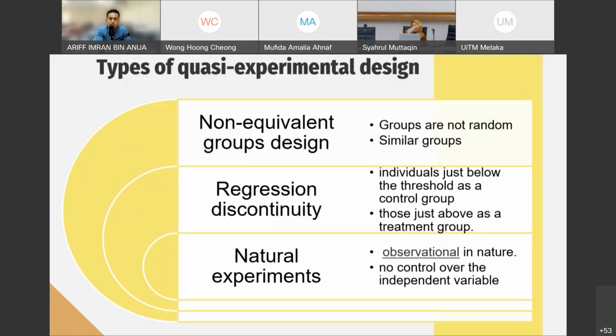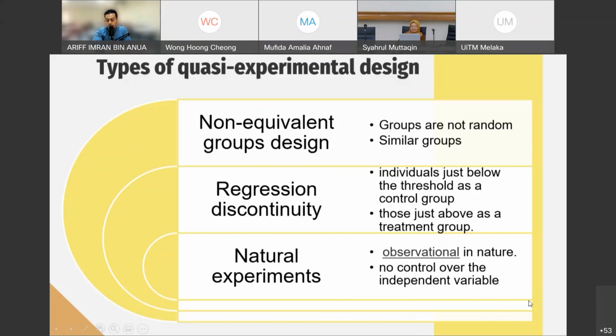At the borderline between the higher group and the lower group, the line there we call a threshold. So for regression discontinuity, the researcher will research the persons who are sitting just above the threshold and below the threshold. And then natural experiments are observational in nature. It means that there is no control over the independent variable.